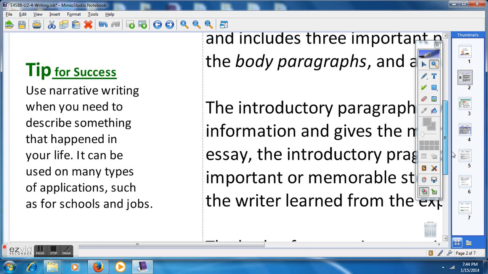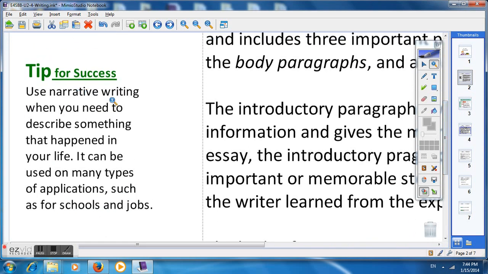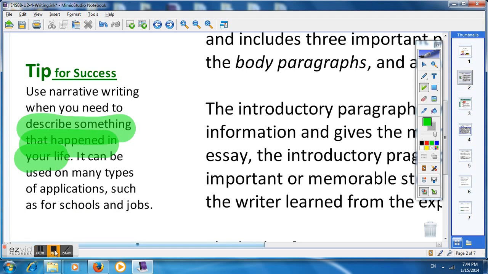Tips for success: use narrative writing when you need to describe something that happened in your life. It can be used on many types of applications, such as for schools and jobs.